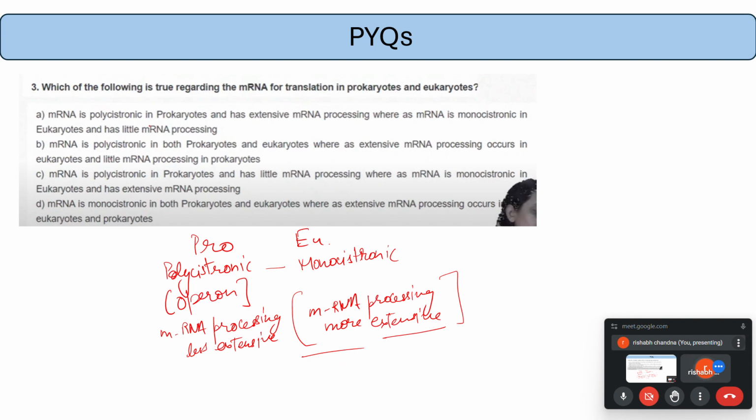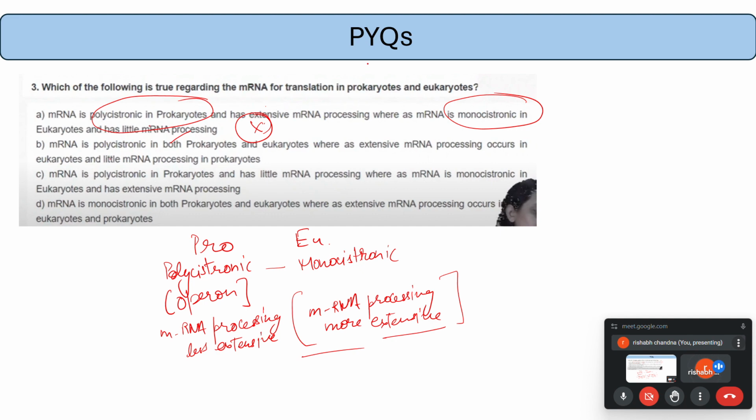mRNA is polycistronic in prokaryotes and has extensive mRNA processing, whereas mRNA is monocistronic in eukaryotes and has little mRNA processing. So the type of mRNA is correct: polycistronic in prokaryotes and monocistronic in eukaryotes. But the mRNA processing is less extensive in prokaryotes as compared to eukaryotes. So the first option is wrong.